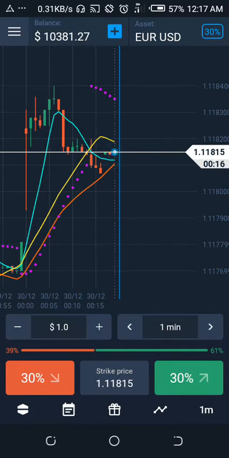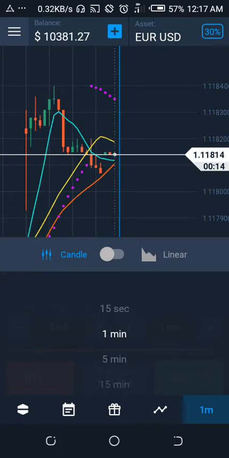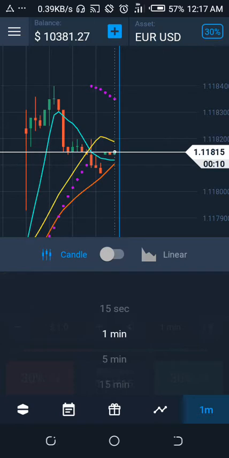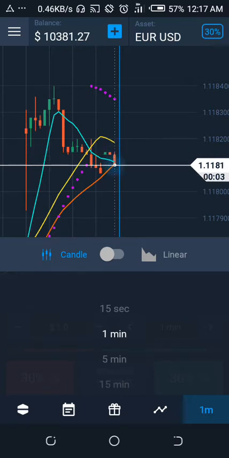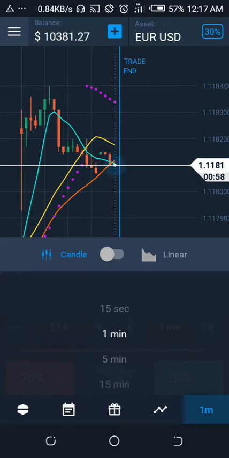Now time frame. Time frame is different from trading duration minute. Time frame can be regarded as the candlestick frame. This is a candlestick. Each candle represents 1 minute.